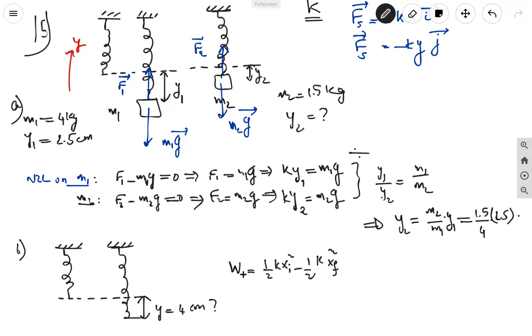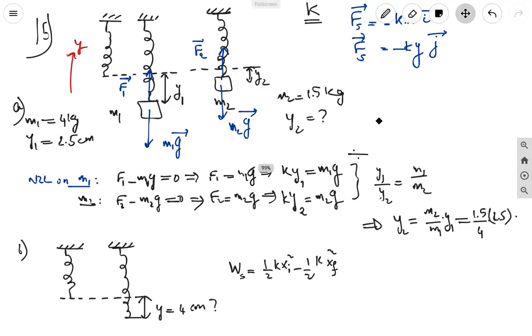But this is the work done by the spring force itself. Now, if we are looking for the work done by the external agent, then this would be opposing in sign to the work done by the spring force itself.